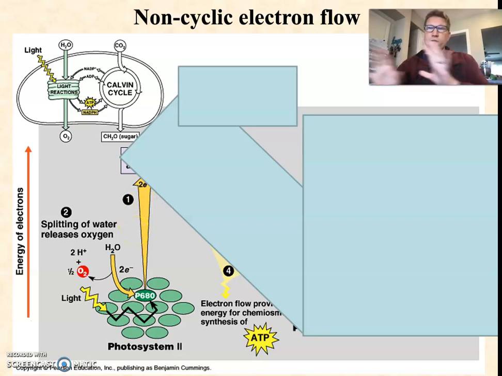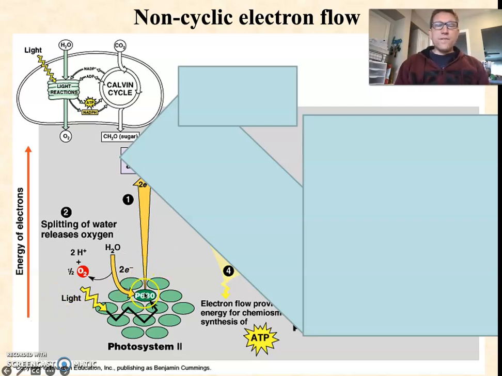Now, we're going to see in a minute where those electrons go, but those electrons actually are going to get removed from P680. So now P680 is oxidized, and it becomes a very strong oxidizing agent. It's going to be very good at taking electrons. It really wants to replace those electrons it just lost. It's going to take them from somebody.